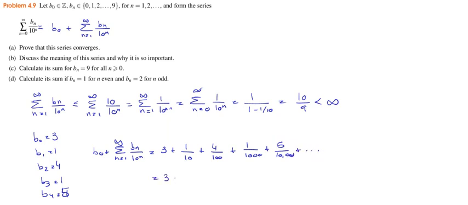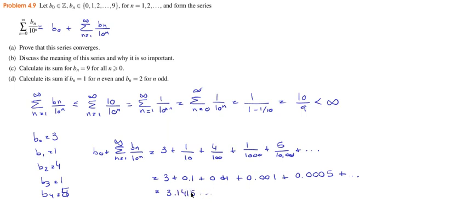So this is 3 plus 0.1 plus 0.04 plus 0.001 plus 0.0005, right? We can put these things together, and this is 3.1415 and so on.